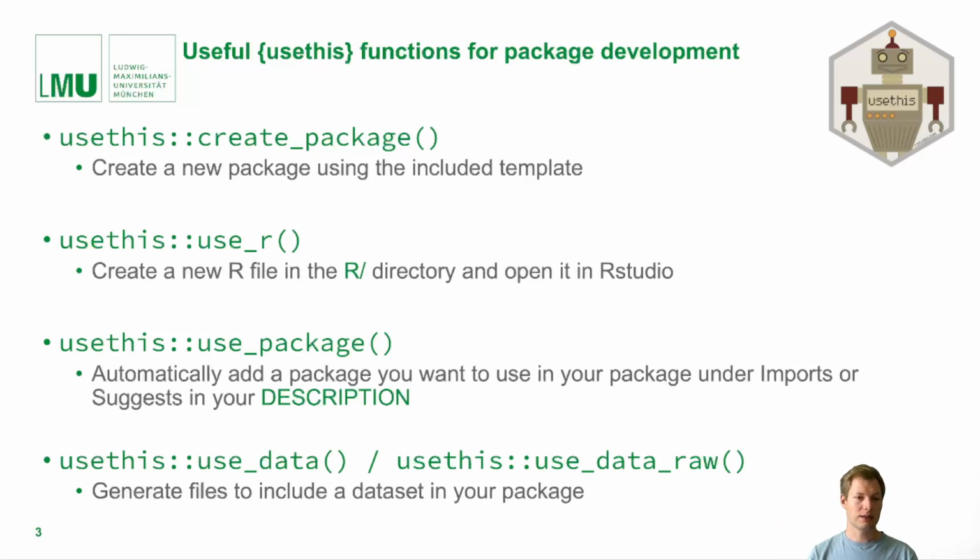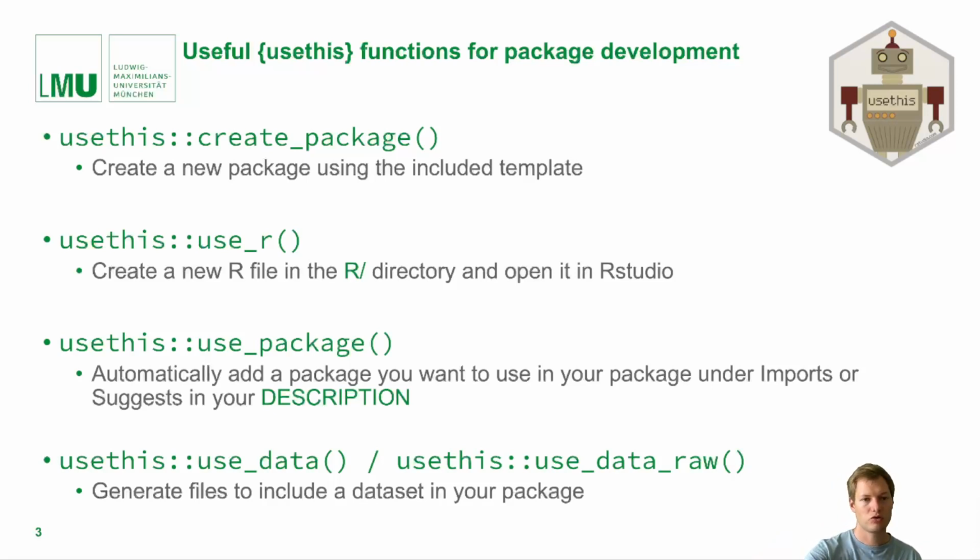With use_data or use_data_raw, you can easily add this data to your package. The only difference is that with use_data_raw, you can add your data, do some pre-processing, and then only save the final data. And use_data assumes that you already have a final data set ready without any pre-processing that you need to do in your package.